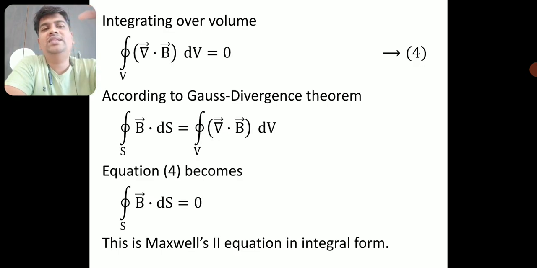So this is the second Maxwell equation in integral form. Divergence of B equals 0 is the differential form, and the surface integral of B dot ds equals 0 is the integral form of the second Maxwell's equation.